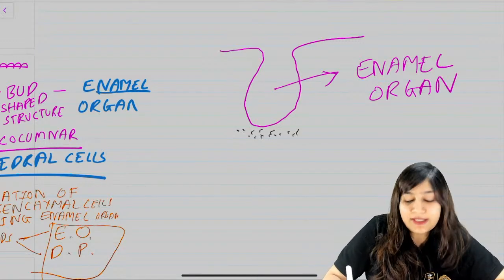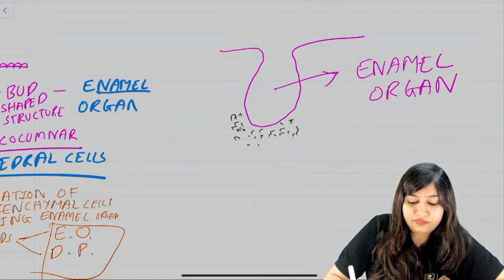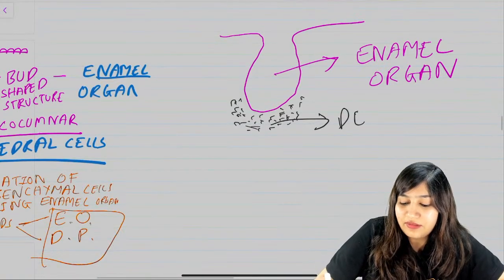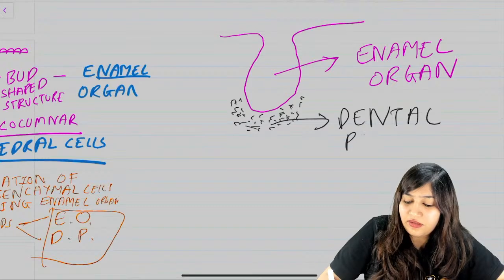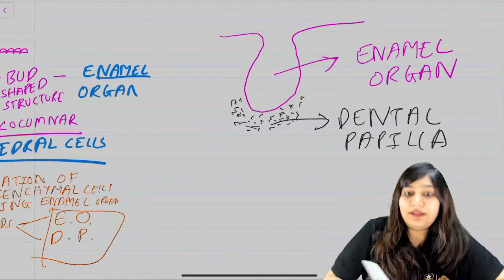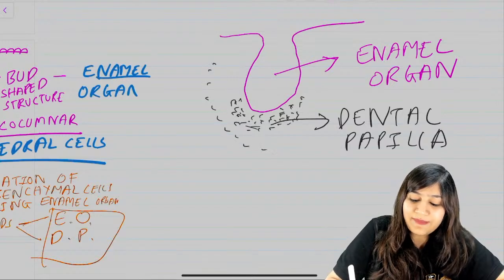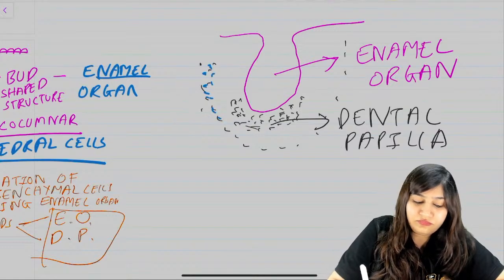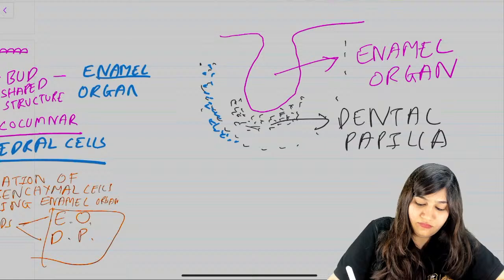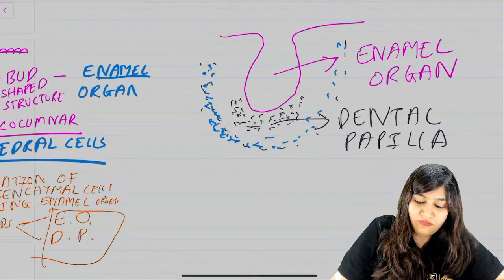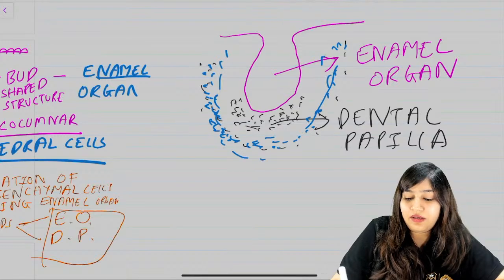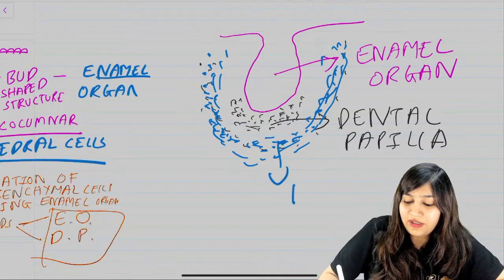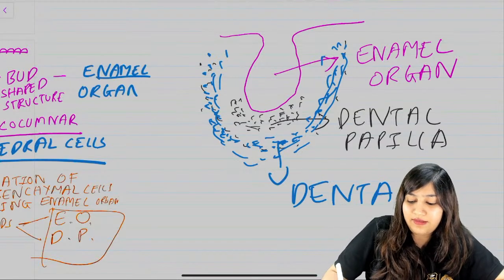Condensation of the cells adjacent to the enamel organ is our dental papilla, and condensation of the ectomesenchyme surrounding both enamel organ as well as dental papilla is our dental sac. So this blue portion is our dental sac.